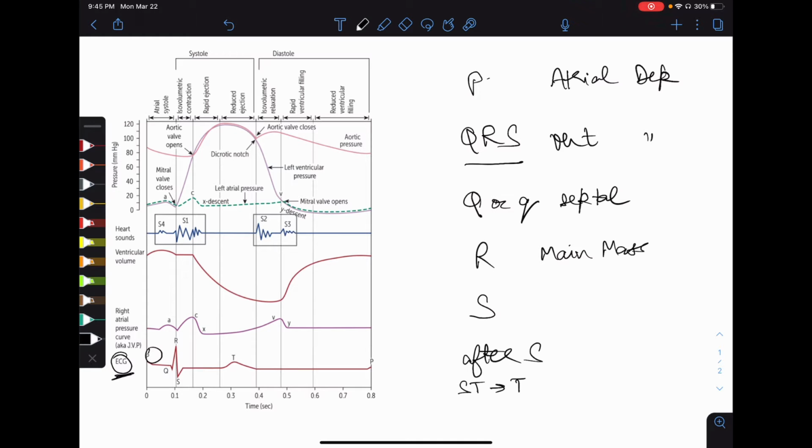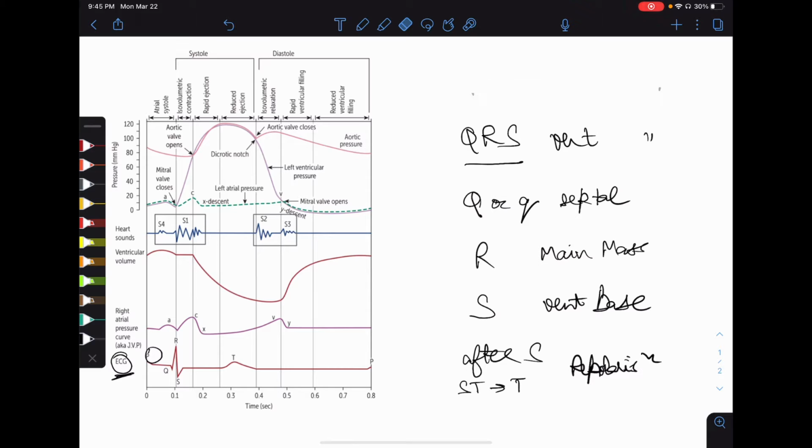S is ventricular base depolarization. And after the S wave, the remaining part is the repolarization. Okay, so these are the EKG waves and what they mean.